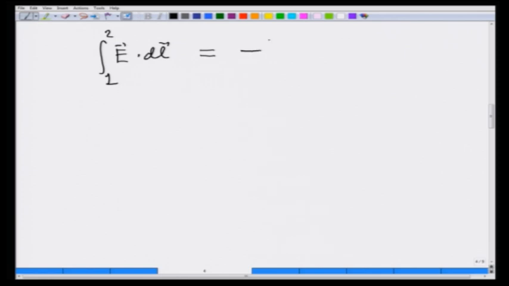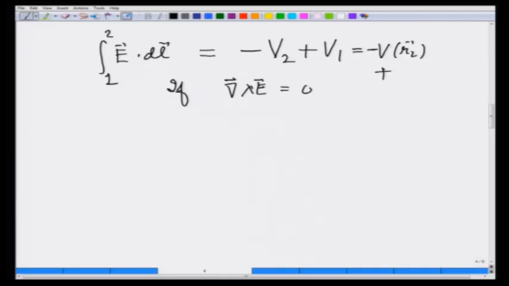I will write it as minus V 2 plus V 1, if curl of E is 0. Let us understand what these V's stand for. You can also write this in a better way, minus V at R 2 plus V at R 1.